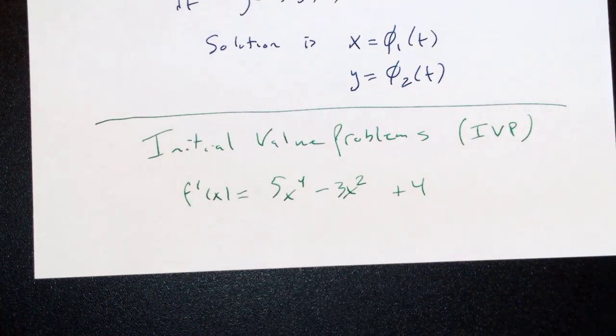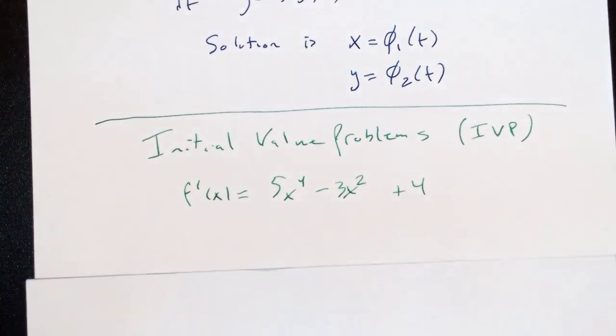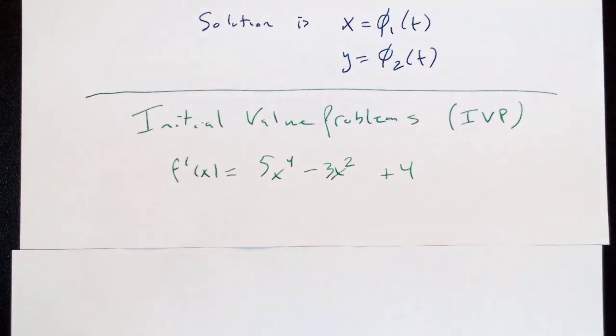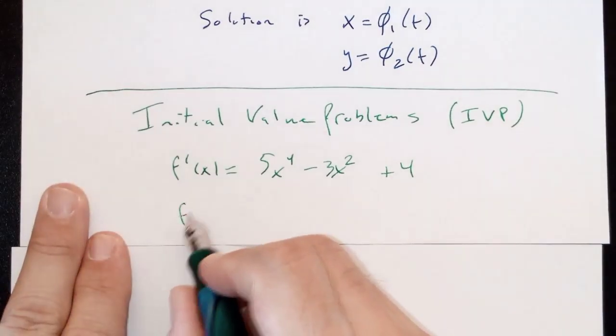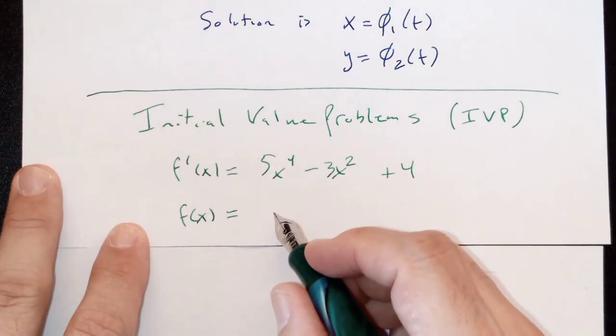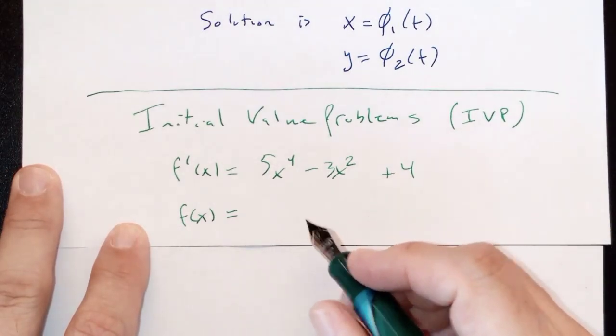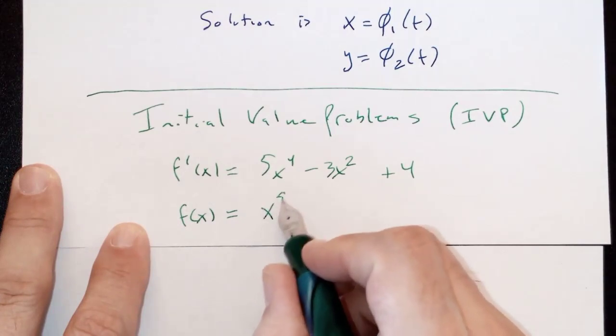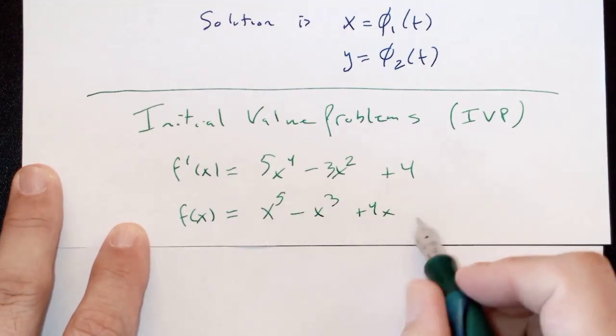Here's f prime of x. What's f? Good. Okay. x to the fifth minus x to the third plus 4x and plus c.